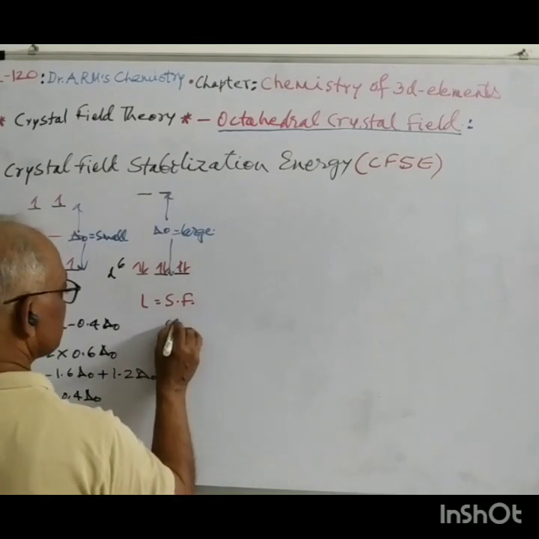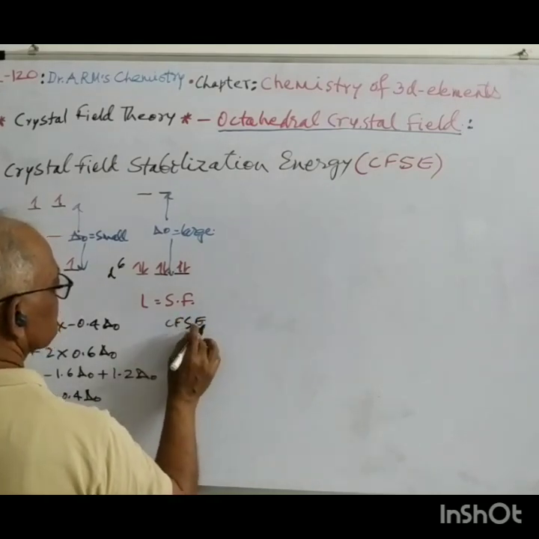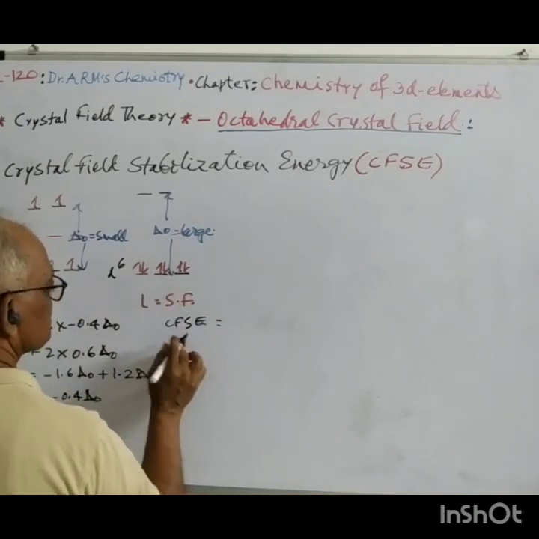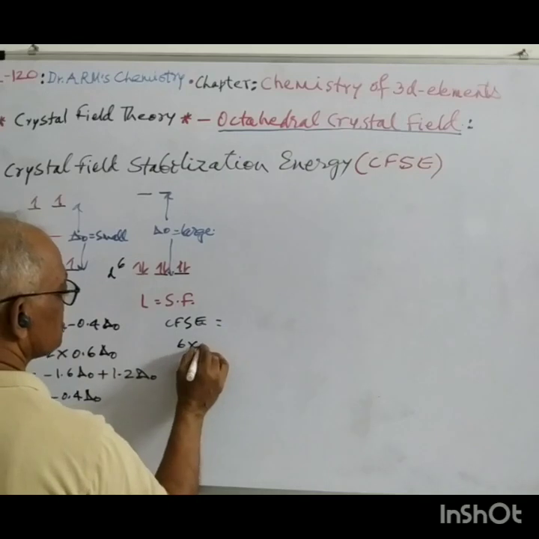Now if we see CFSE here, you will find that there are 6 electrons in the low energy t2g orbitals.